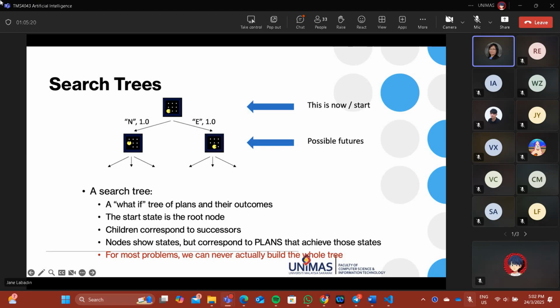Nodes show states but correspond to plans that achieve those states. Most problems, we can never actually build the whole tree, similarly to the graph just now. And using trees is easier to develop your solutions.